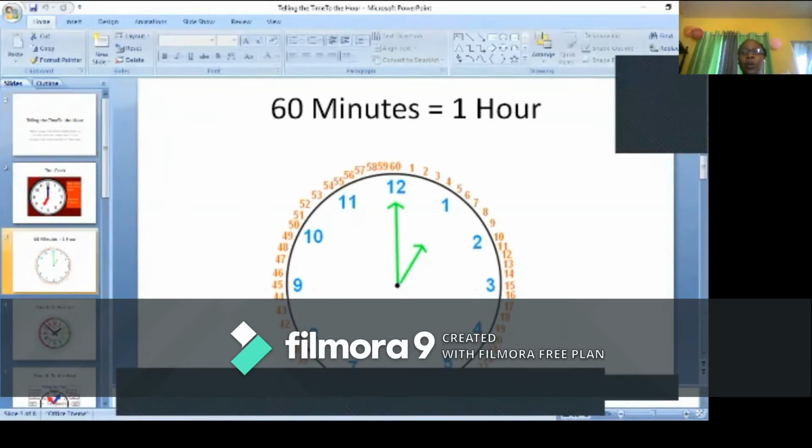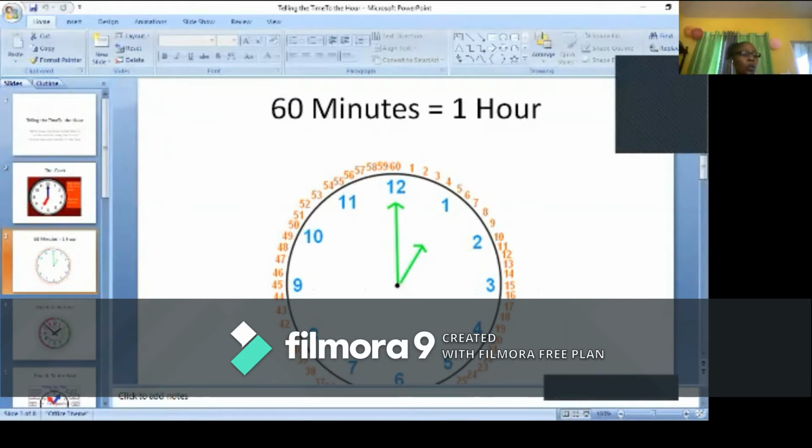Now, last week we looked at this, counting up our minutes. And when we count up our minutes around the clock, we know that 60 minutes is 1 hour. Let us set that time quickly, 1 o'clock. So the 1 o'clock you see on that clock, set it on your clock. Then we are going to use our minute hand now, and we are going to count up our minutes right around the clock.